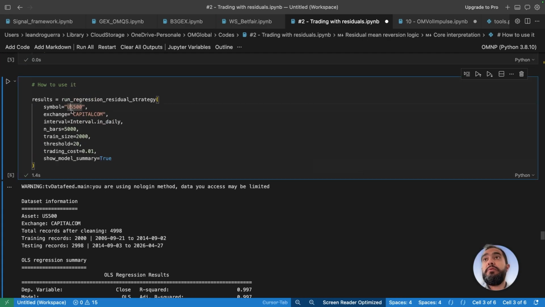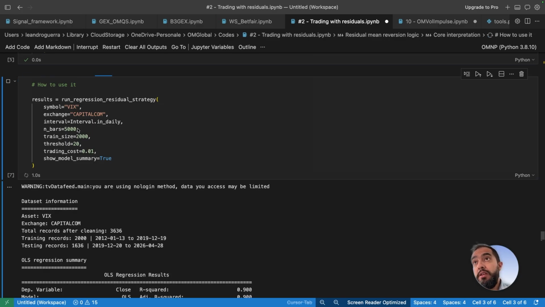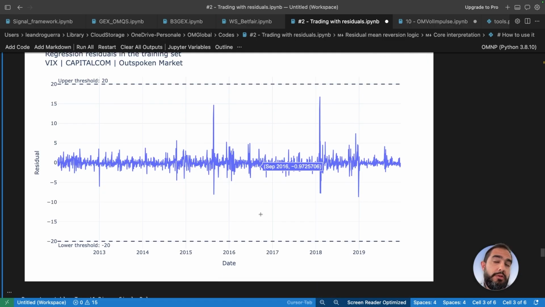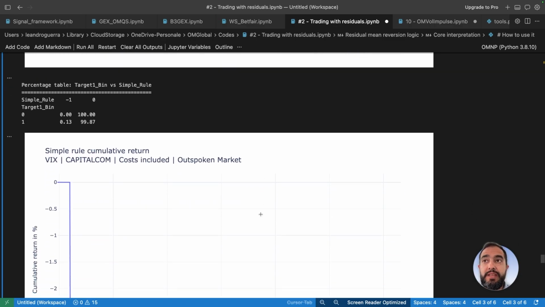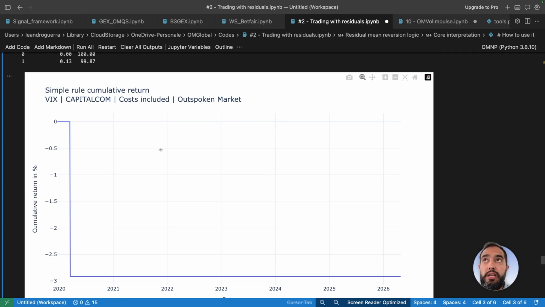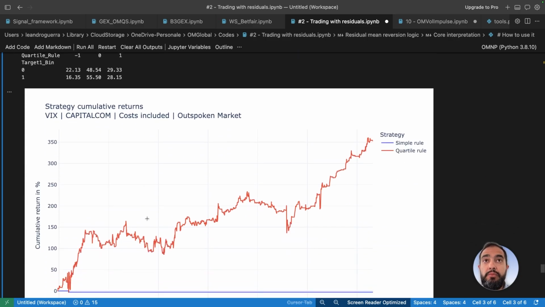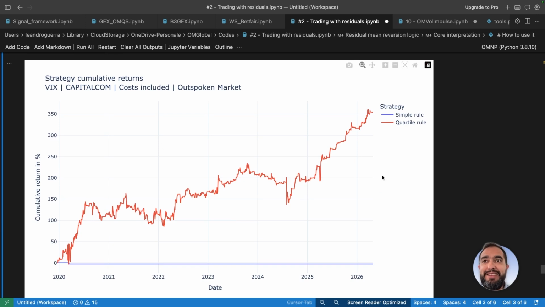So if I use here the VIX CFD, you see the results, they are much smaller because the size of the VIX in comparison to the S&P is much smaller than that. The simple rule has triggered nothing. Eventually, I have to adapt. But you see, it's the VIX. It's amazing. And so you see the quartile rule works.